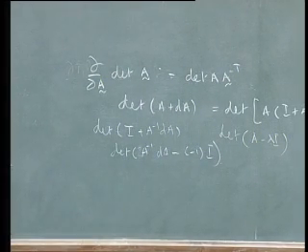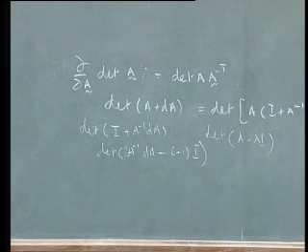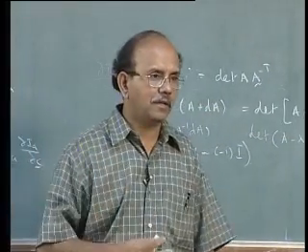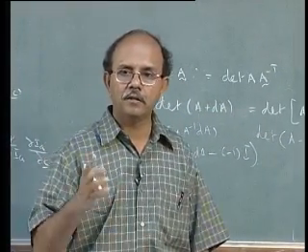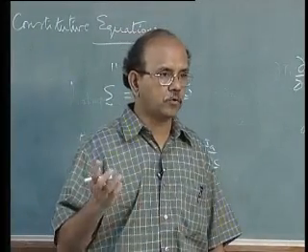In terms of invariants, the usual expression will be lambda cube minus I1 lambda squared plus I2 lambda minus I3 is equal to 0. This is how you would write it.